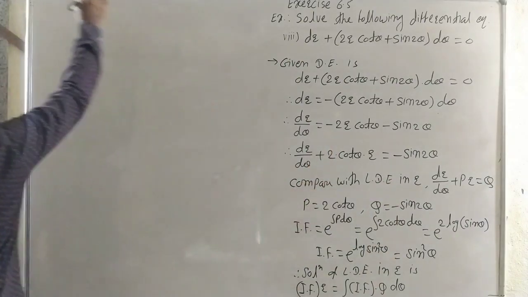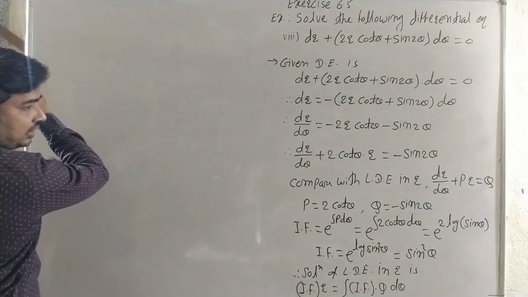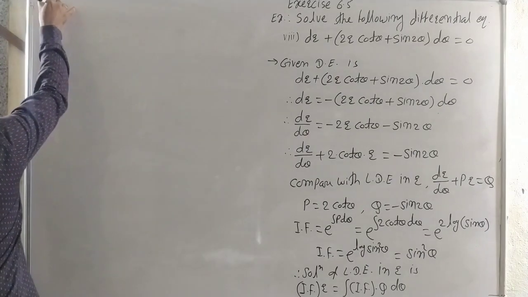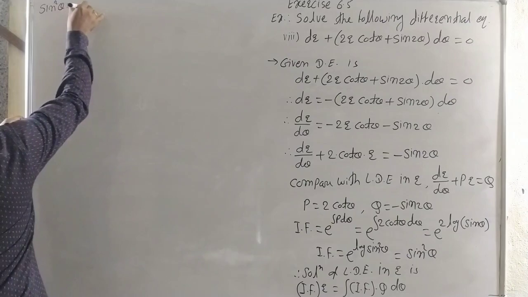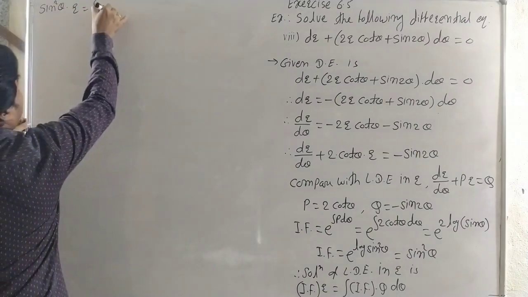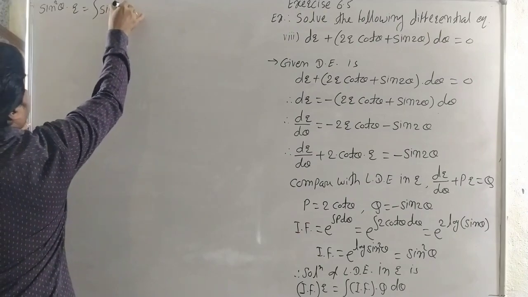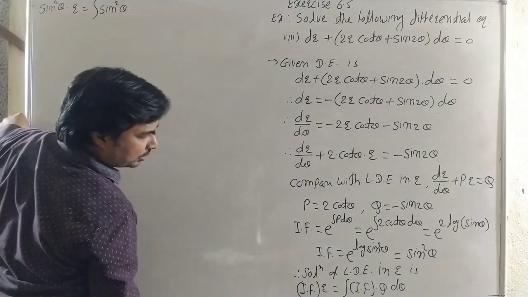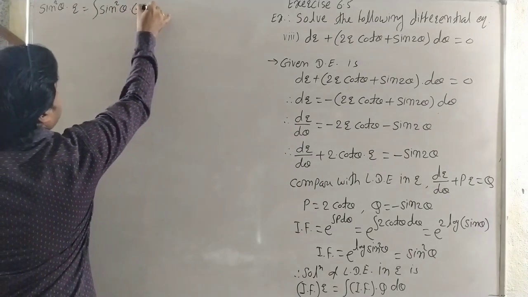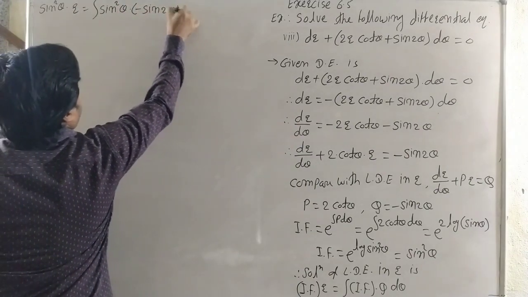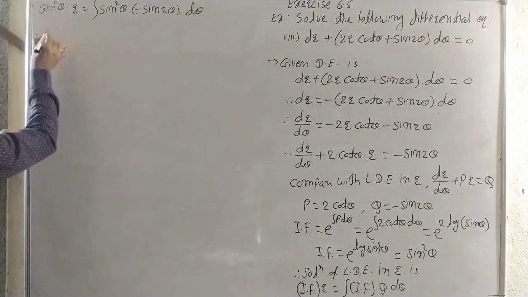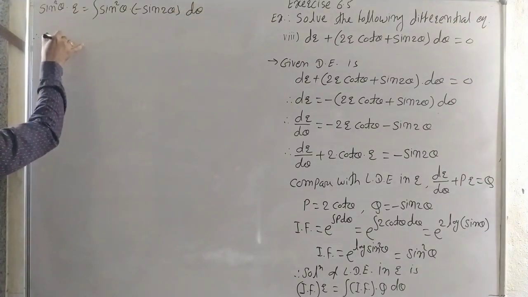Now we write the solution. The integrating factor is sin square theta, so sin square theta into r is equal to the integral of sin square theta into Q, which is minus sin 2 theta, with respect to theta.